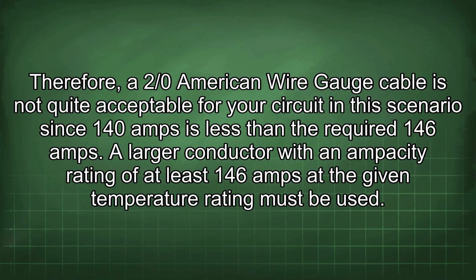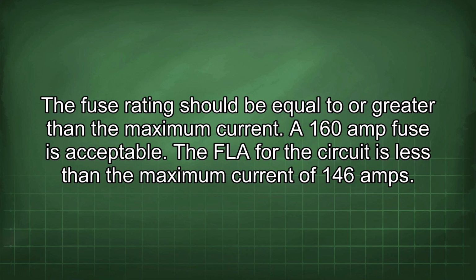A larger conductor with an ampacity rating of at least 146 amps at the given temperature rating must be used. The fuse rating should be equal to or greater than the maximum current. A 160 amp fuse is acceptable. The FLA for the circuit is less than the maximum current of 146 amps.